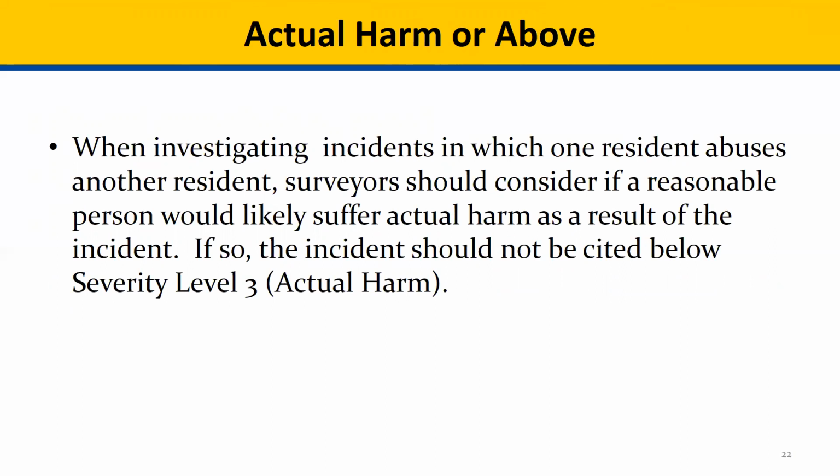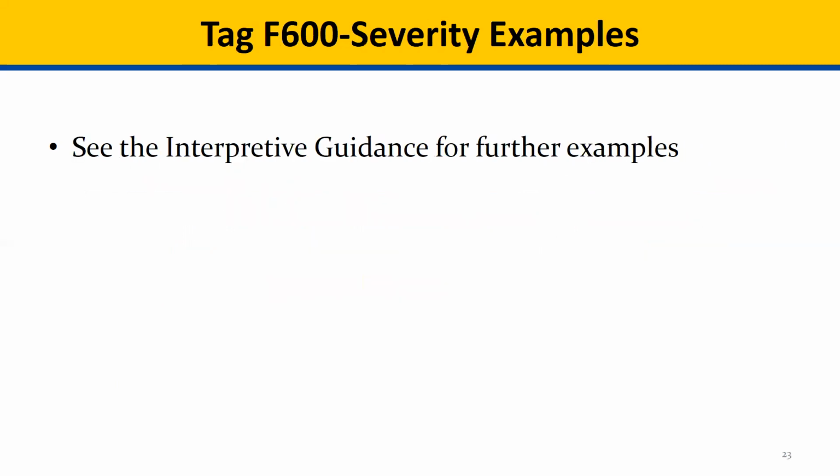If so, the incident should not be cited below severity level 3 or actual harm. Surveyors should review further examples under each severity level in the interpretive guidance at F600. These examples further illustrate how to consider the psychosocial outcomes to a resident as a result of abuse and how to apply their reasonable person concept.